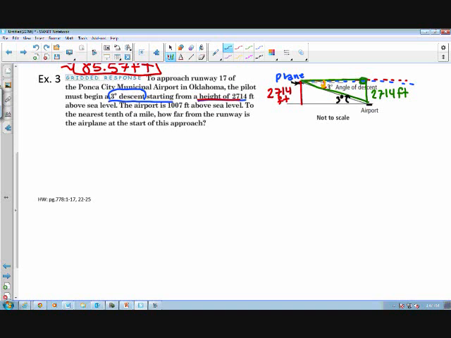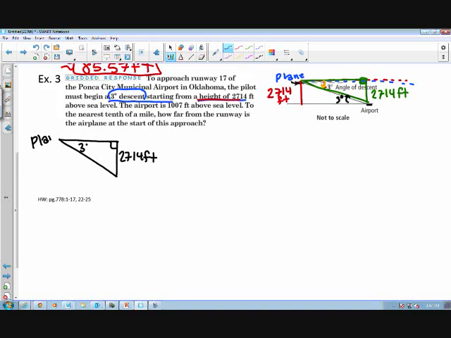So essentially we have a triangle. That's a right triangle because altitudes and the ground, the base, are perpendicular. And we have this is 3 degrees, and this height is 2,714 feet. So how far from the runway is the airplane when they start this approach?